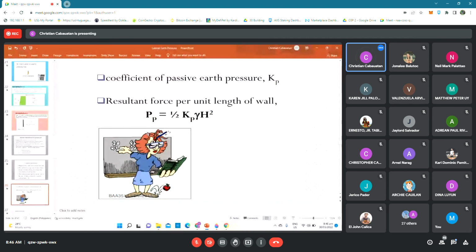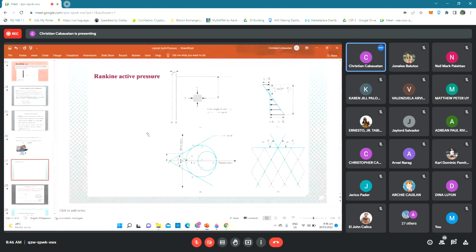So this is the common type for Rankine's active pressure. When there is an additional cohesion, what is its mode of failure or its diagram?